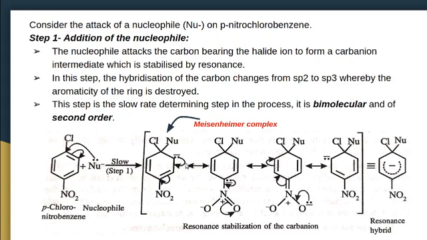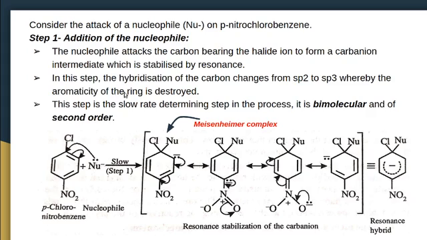This electron pair will shift to this bond, forming a pi bond. Then this electron pair will shift to this carbon, forming a negative charge. Then this negative charge will shift to this bond, and at the same time there will be shifting of this electron pair. In this way, different resonance structures are possible for the formed carbanion.